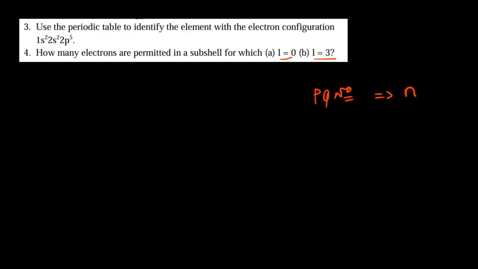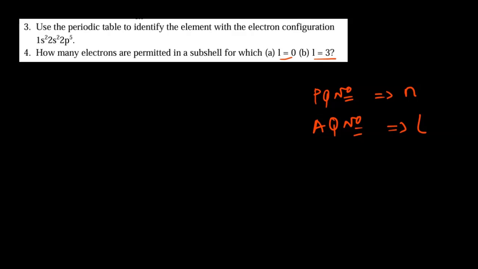Then we have the angular quantum number, which is represented by L, and the angular quantum number tells you the shape of your orbital.